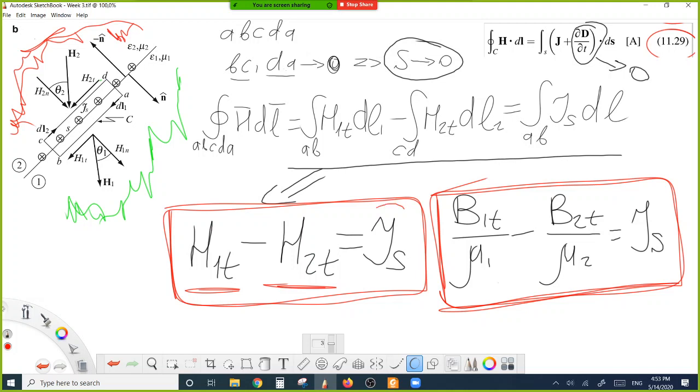It means if the surface current density is not 0, then the tangential component of magnetic field intensity is discontinuous in the boundary. And also the tangential component of magnetic flux density, B1T and B2T, is also discontinuous.